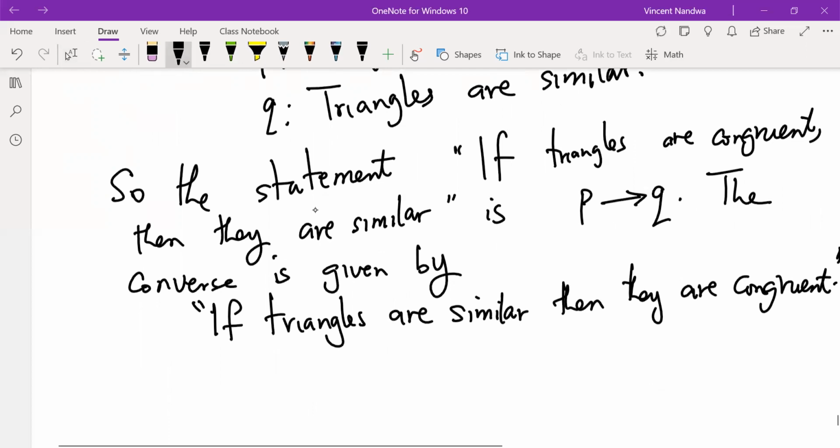And then next one is what we call inverse.